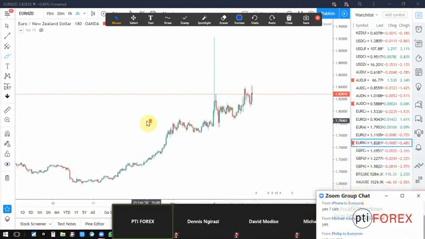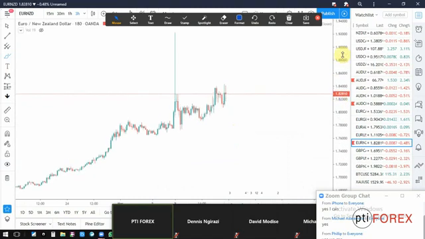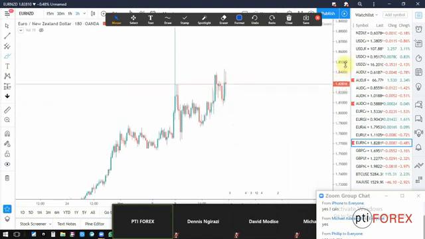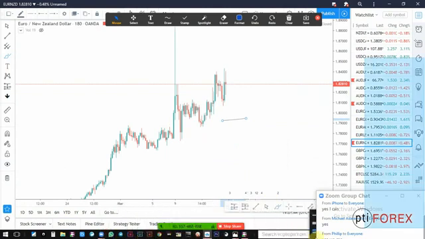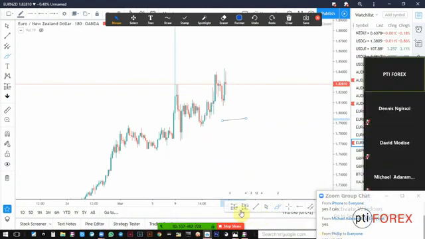So okay, let me do this so that we can have bigger waves. Here, guys, we have this currency pair, which is called Euro New Zealand dollar. It seems to be an interesting pair.